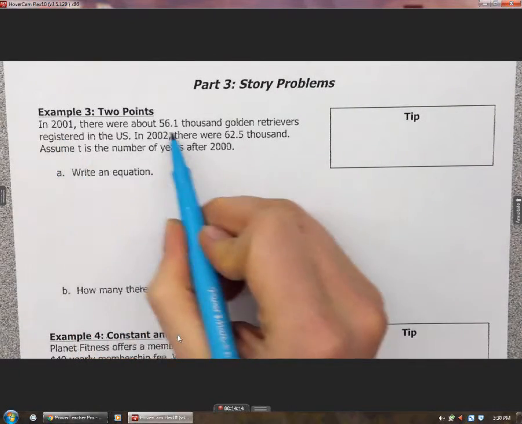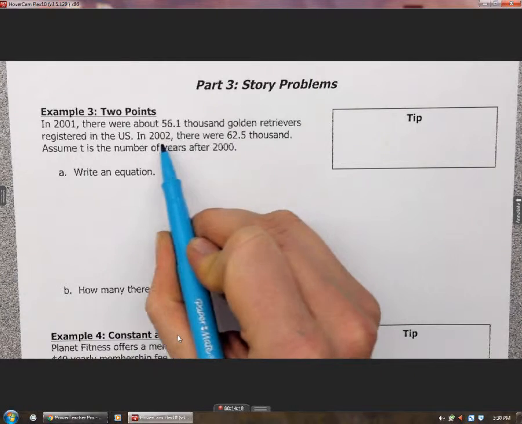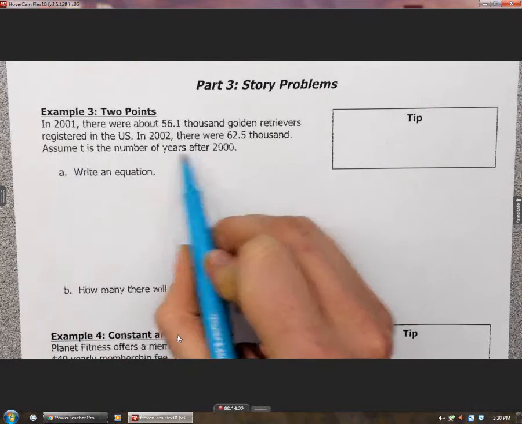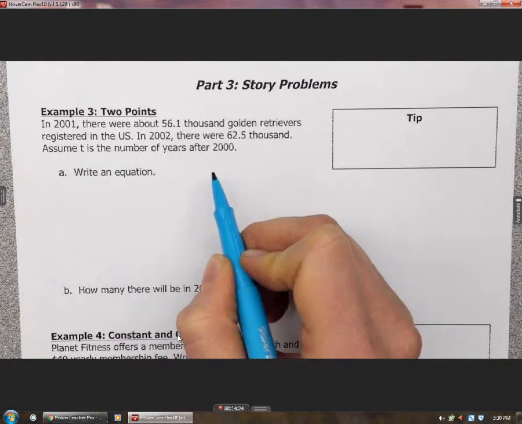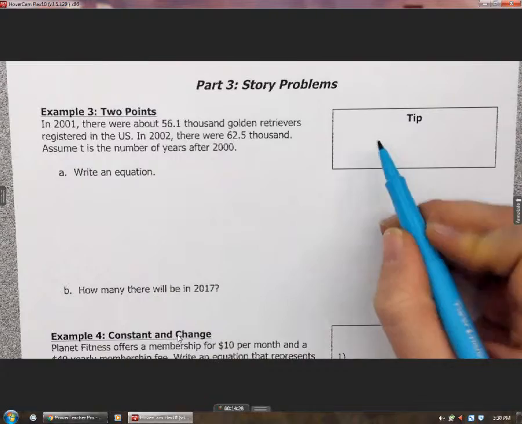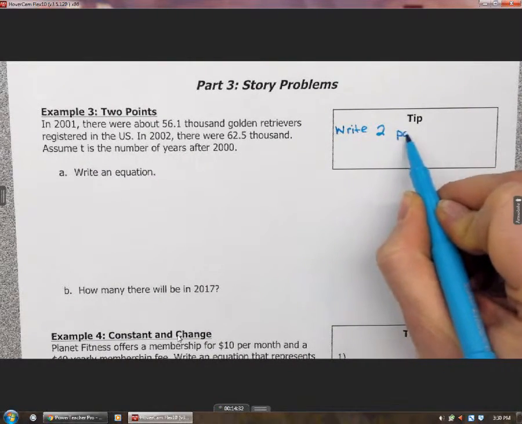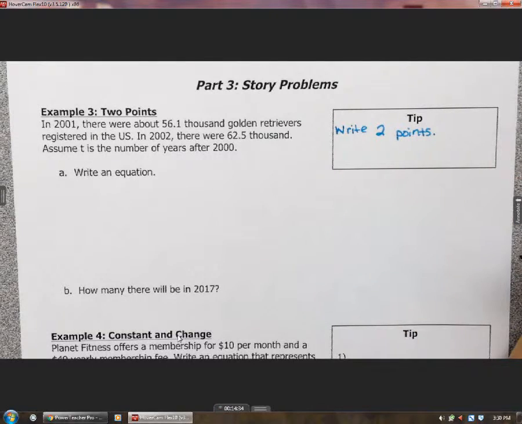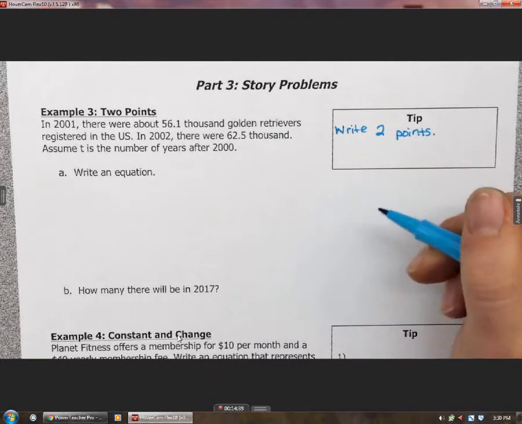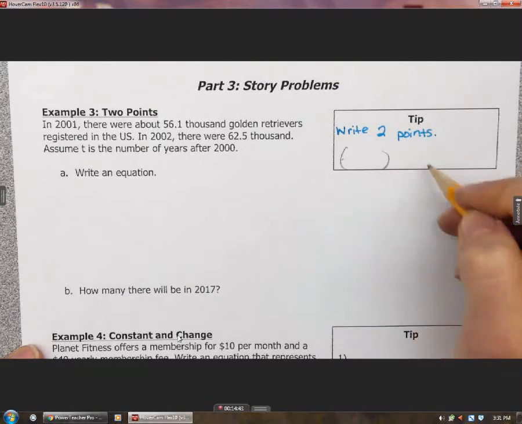In 2001, there were 56.1 thousand golden retrievers. 2002, there were 62.5. Assume t is the number of years after 2000. They want you to write an equation. I wrote a tip over here. Tip is write 2 points. So for our example right here, I'll do this in pencil because this is just part of our example.